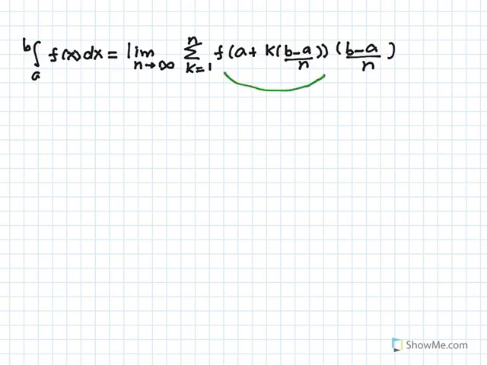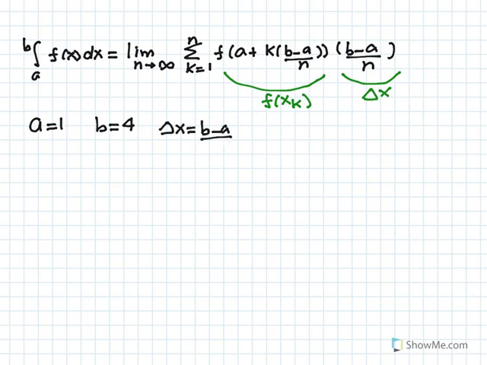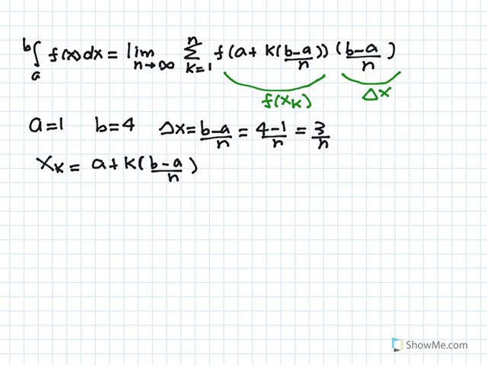This part here is f of xk, the functional values, and this part is delta x. So we have a equals 1, b equals 4, and delta x equals b minus a over n, that is 4 minus 1 over n, which is 3 over n. We found xk to be a plus k times b minus a over n, that's 1 plus 3k over n.